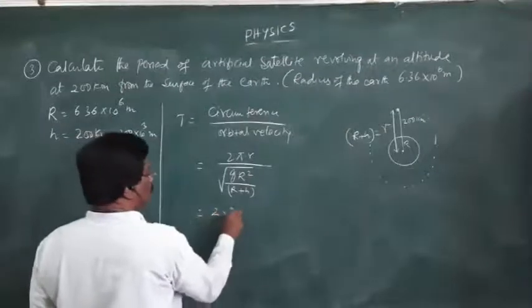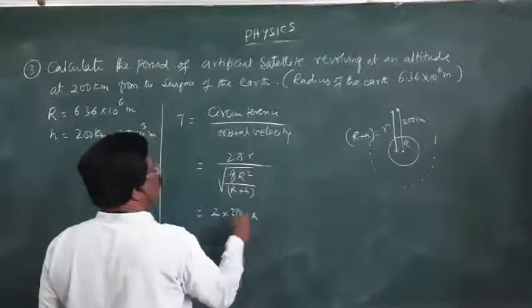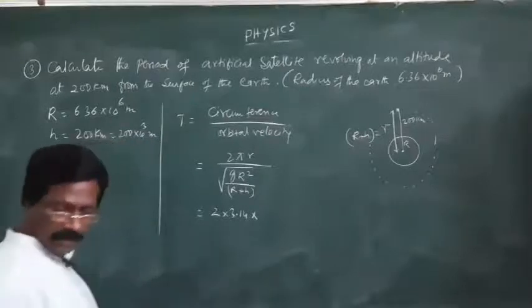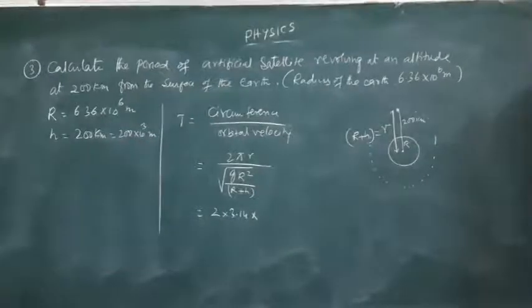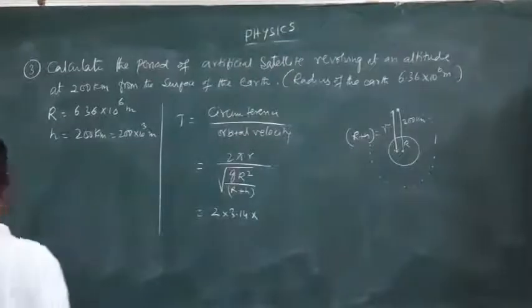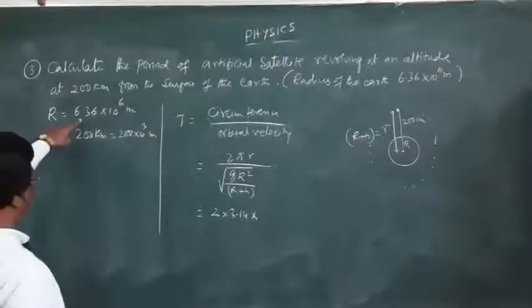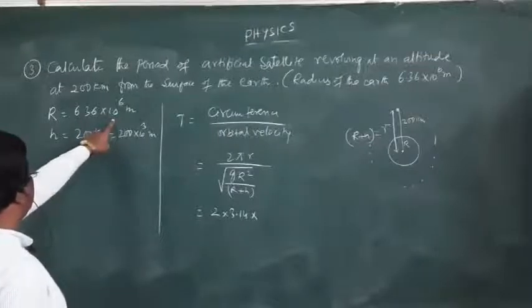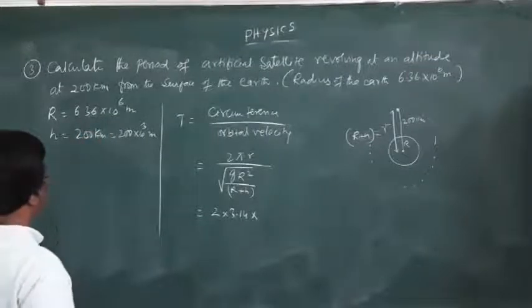So 2 into 3.14 into r, which is 6.36 into 10 to the power of 6, and here you have to convert this.